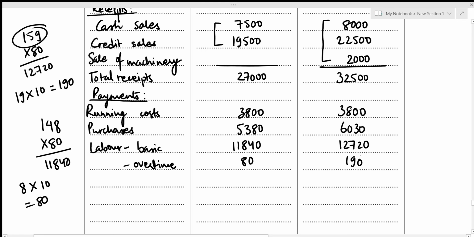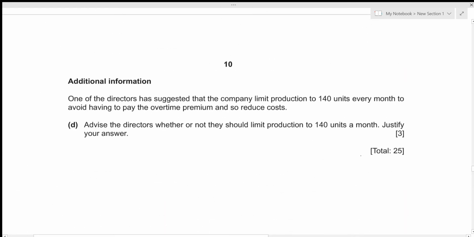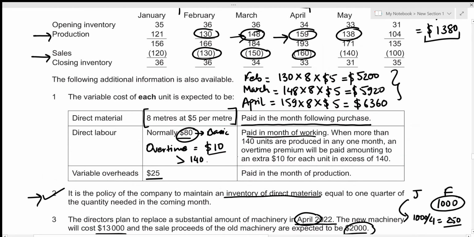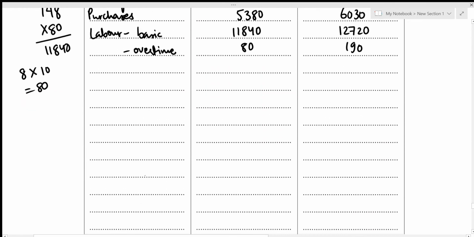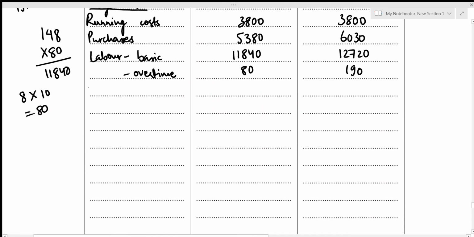Okay, now we also have the variable overheads. And variable overheads are paid in the month of production. So we just need to multiply 25 to the total units of production, which is 148 for the month of March and 159 for the month of April. Okay, so that's variable overheads.